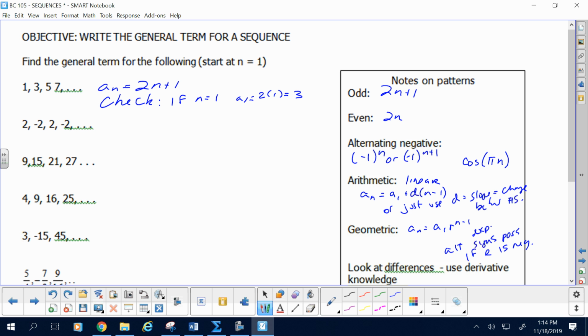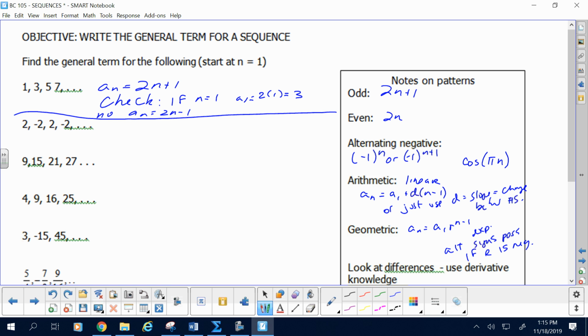Oops. Fail. So, try again. It is not 2n plus 1 because that would generate a first term of 3, not 1. It should be 2n minus 1. Check your work. You should never miss these. You can easily check, see if you get it right. Just take the time to check, even if it's mental.